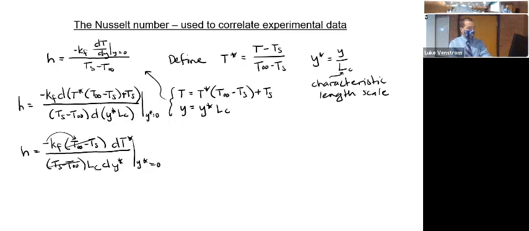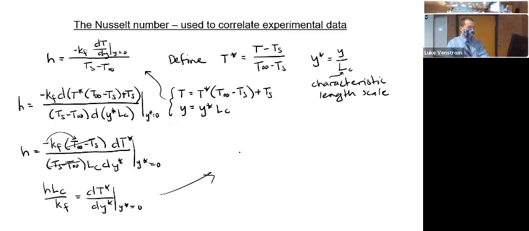Now I'm going to take what's left over, the L_c and the thermal conductivity, and lump them together with the convection heat transfer coefficient. What I have left over is a dimensionless temperature gradient at the fluid-solid interface. This is the Nusselt number.